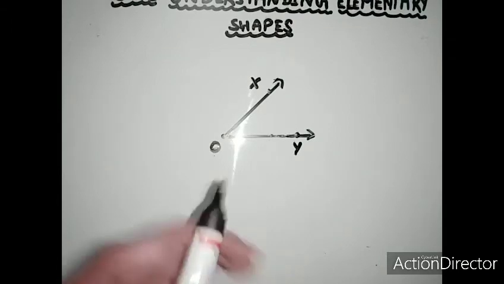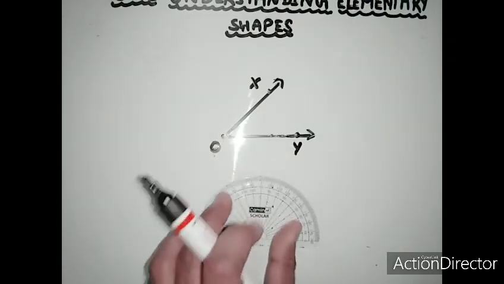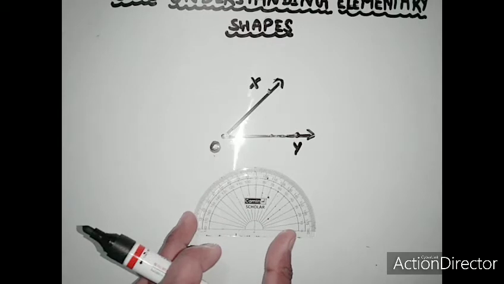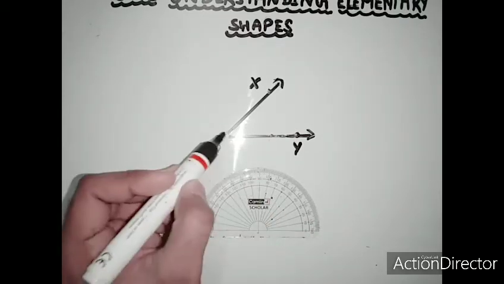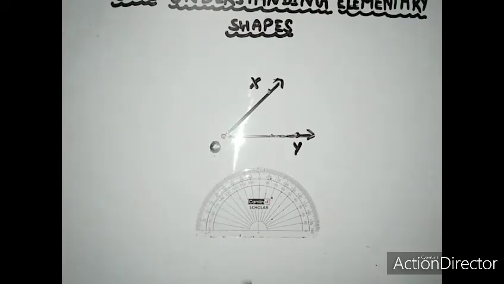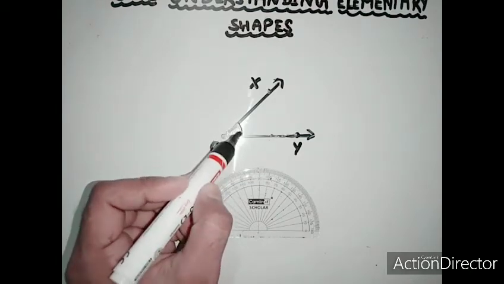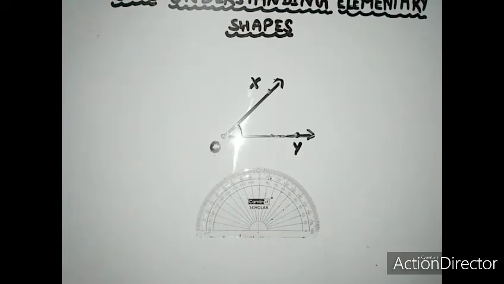Now you observe this angle and this protractor. First you observe this angle and just estimate with your eyes, and then we find the actual measure of the angle using the protractor, right?